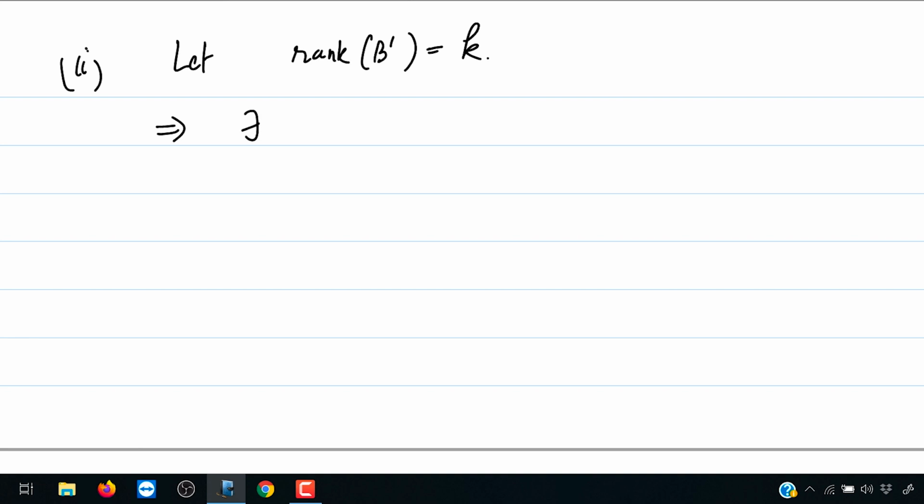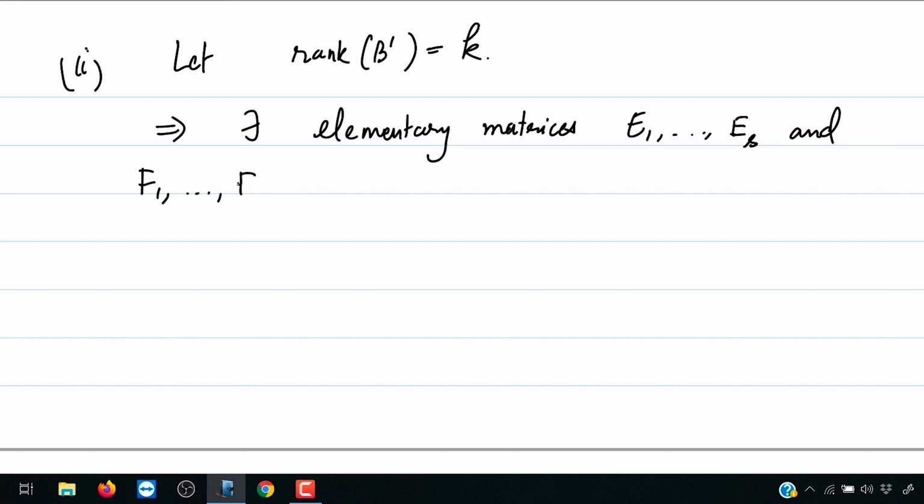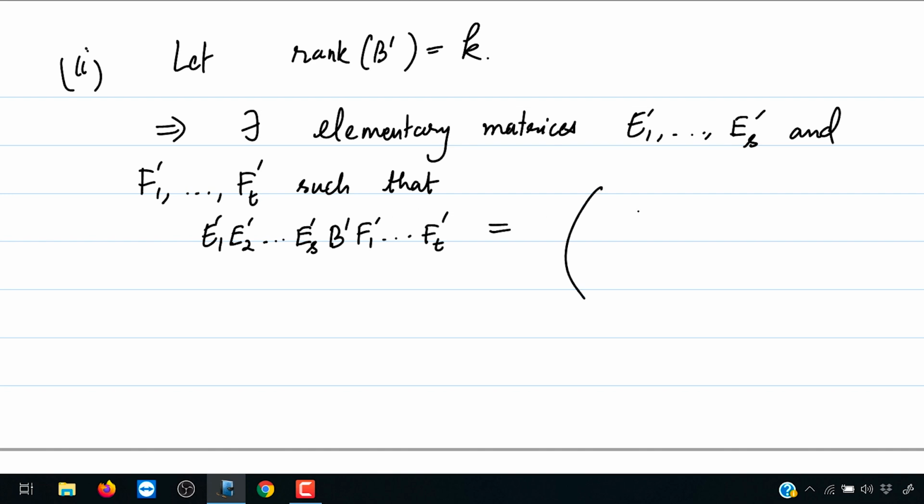This implies that there exist elementary matrices E1 to E_s (let me not use r, r is given in the problem) and F1 to F_t such that E1, E2, ..., E_s times B prime times F1 up to F_t, with primes here, is equal to an I_k here and the remaining block matrices.